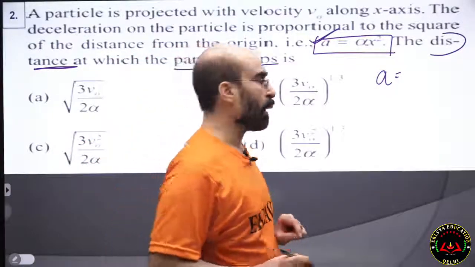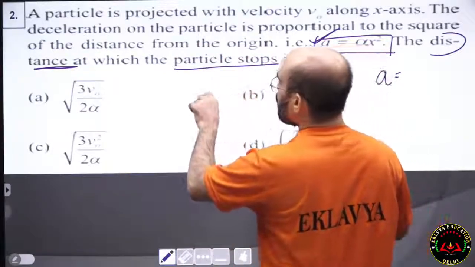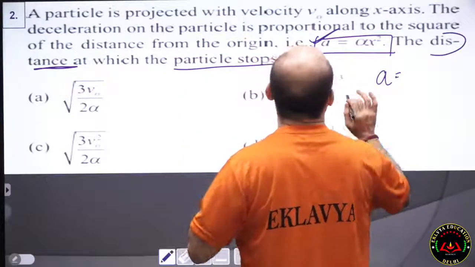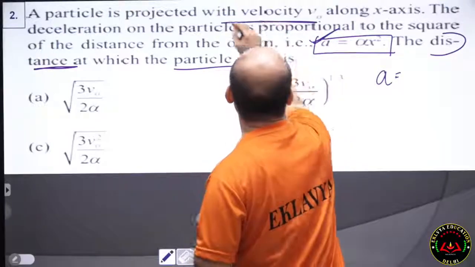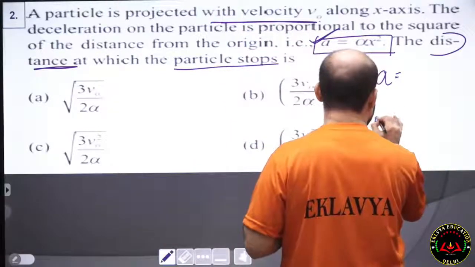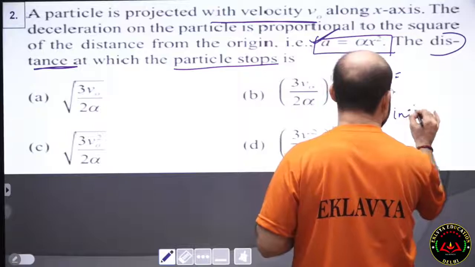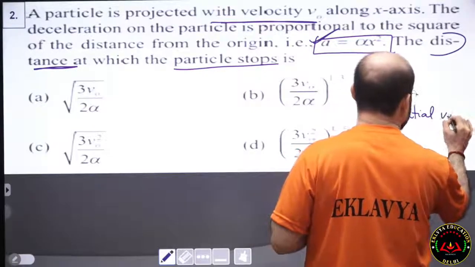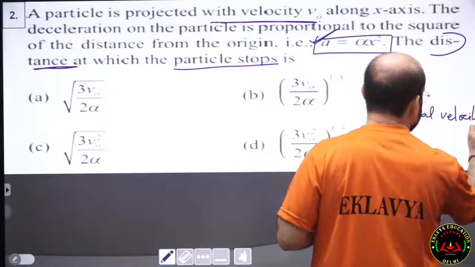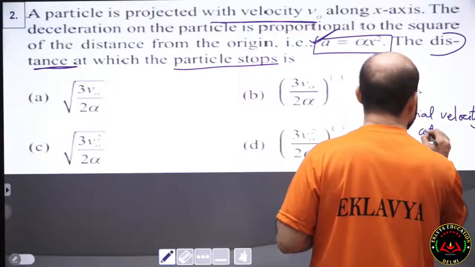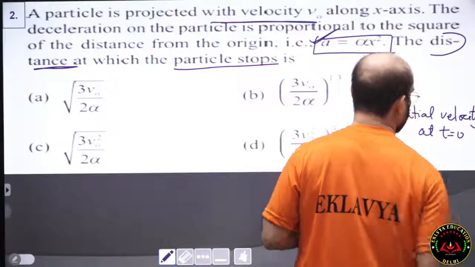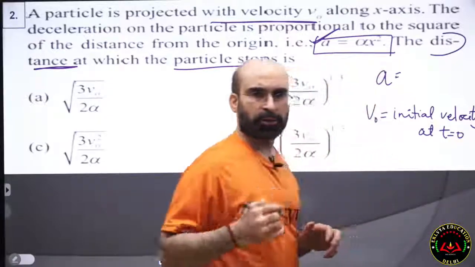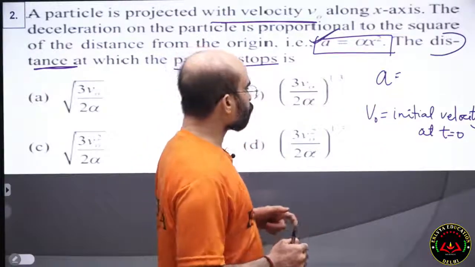Condition is given that initially, yes, initial velocity is this, V0. V0 is initial velocity. When you say initial velocity, that means at t equals 0. Initial, when it started.